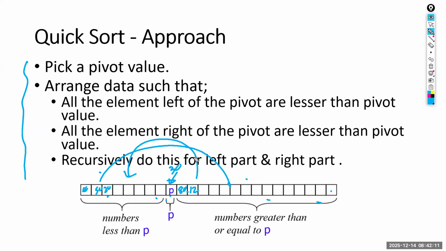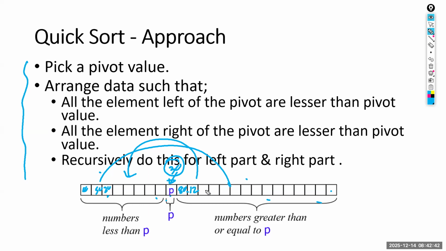So the idea is that at the end, 30 must be in the correct position. That's a different way of thinking. Rather than trying to put 30 into the correct position, you arrange the other elements so that 30 is in the correct position. If something bigger than 30 is found here, we put it to the right side.